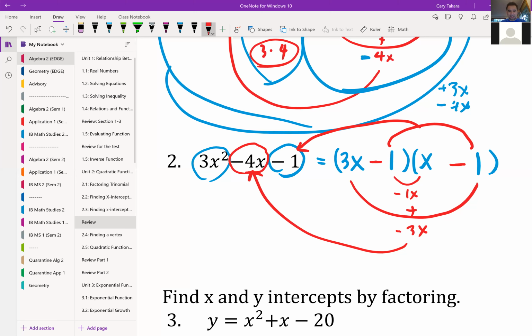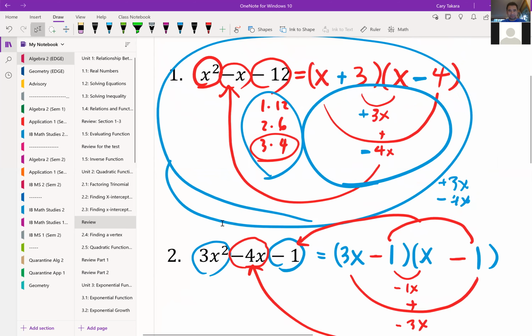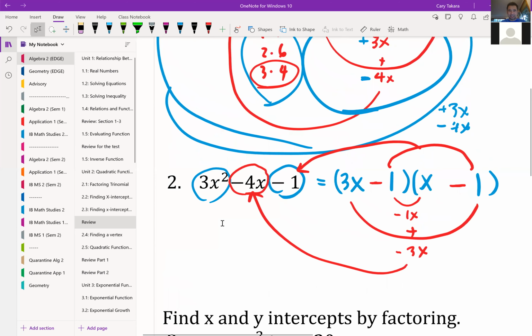You can't factor it. And then I asked you to factor it. So maybe for the future, this needs to be positive. If this is a positive 1, then this will be the answer. All right, I'm sorry. That's my bad. Okay.